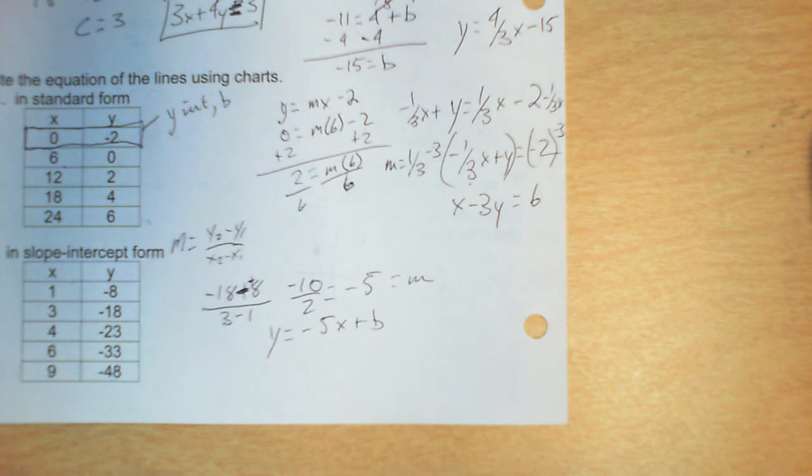Wait, how did you get -10 over 2? Because if you have -18, subtract -8. -18 minus -8.